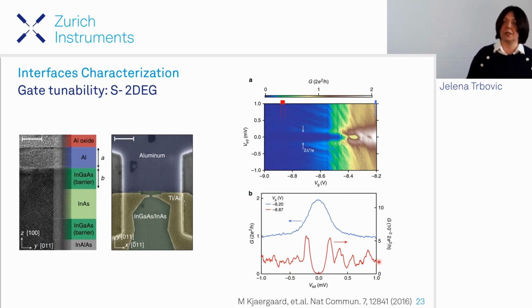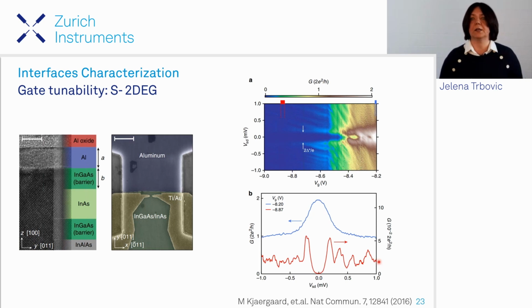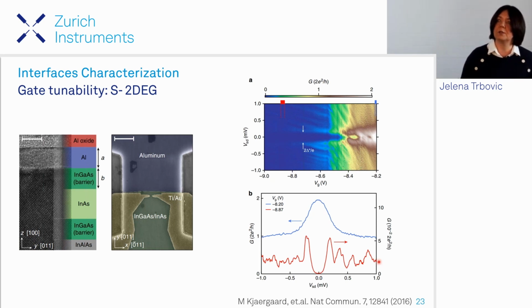Furthermore, what's really interesting in another work from Morten Kjærgaard is again when we have epitaxially grown aluminum on top of an indium gallium arsenide barrier and indium arsenide in between.